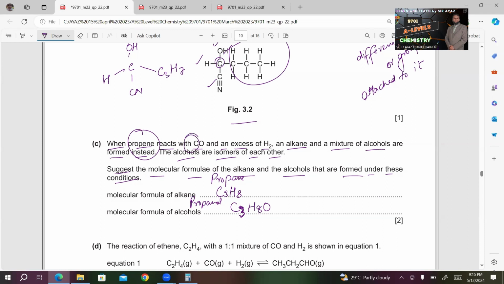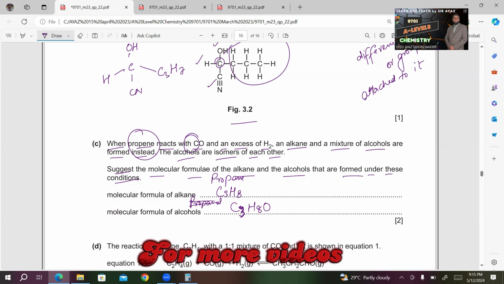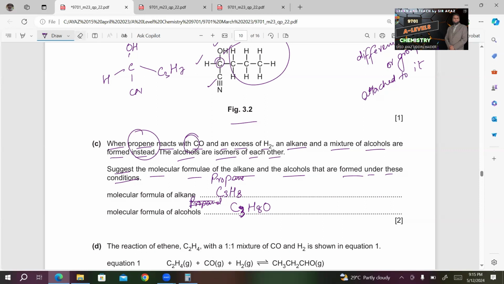Sorry, it's a CO here, so you can't have propanol. It must be butanol, 4 carbon atoms. Butanol. So you will get C4H10O.